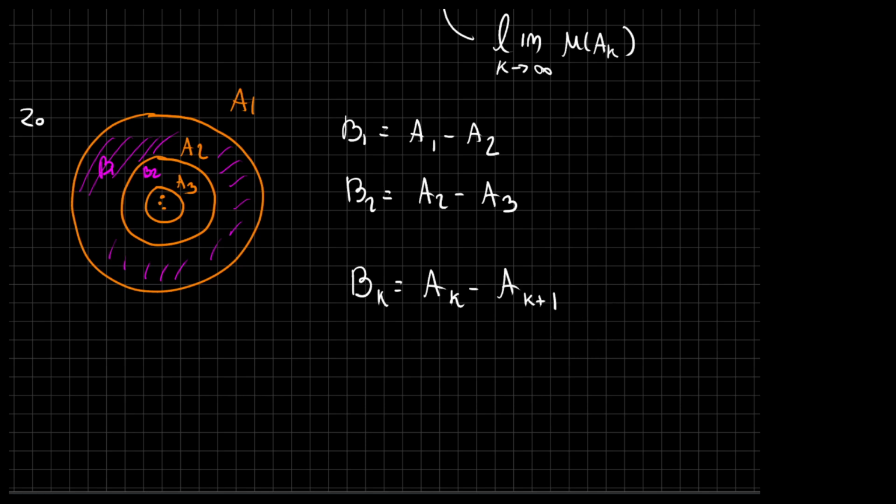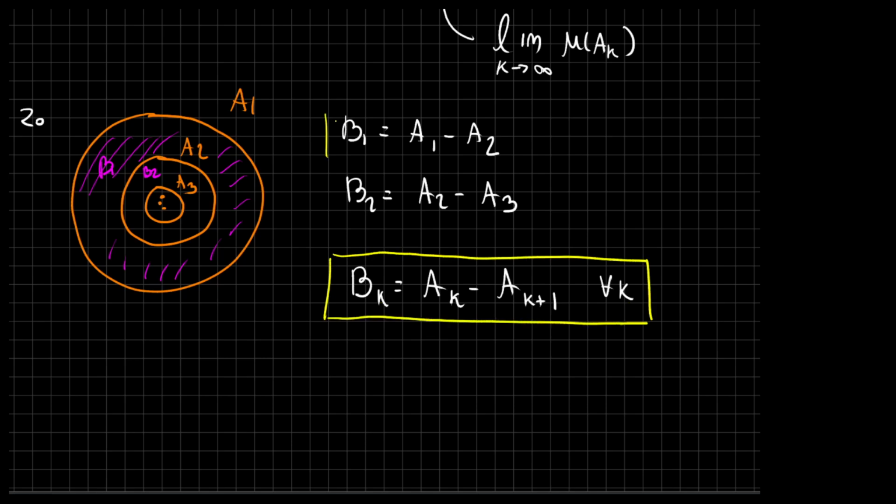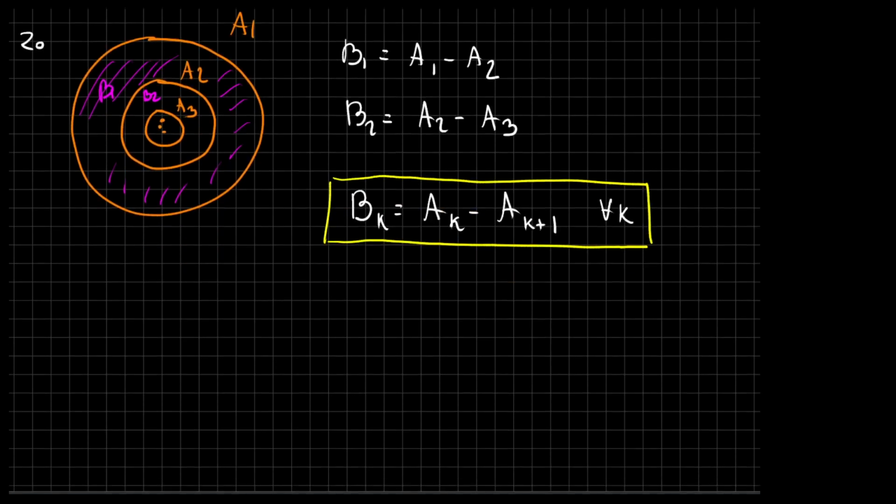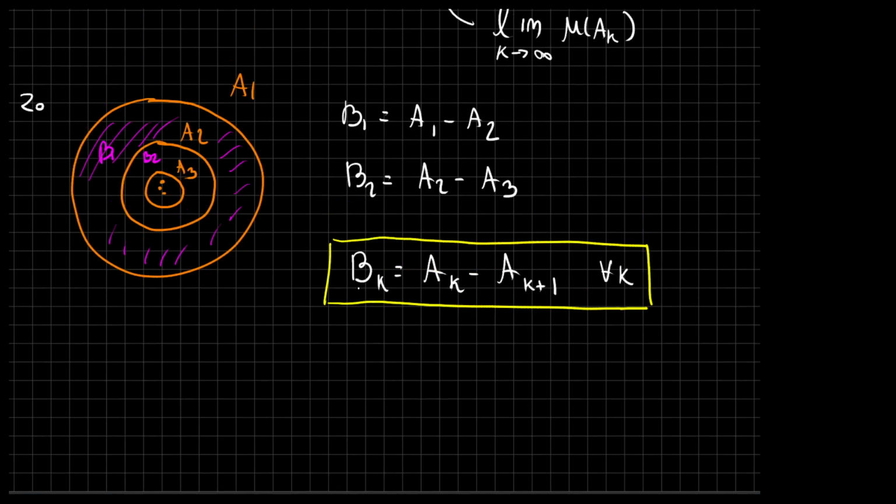So yes, this holds for every k here. Let's highlight this. Then this is our pairwise disjoint family, and we have that the union of every Vk is equal to the union of every Ak.